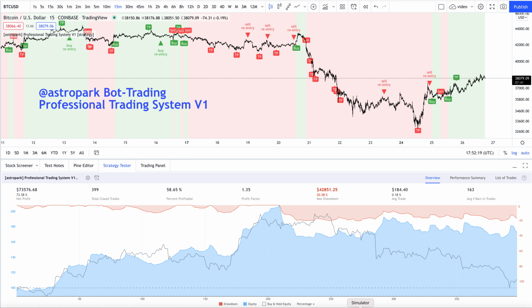Today I'm going to talk to you about my professional trading system version 1. This is a tool that I use personally for bot trading, and as you can see, the default configurations are good as they are for Bitcoin on 15 minutes.